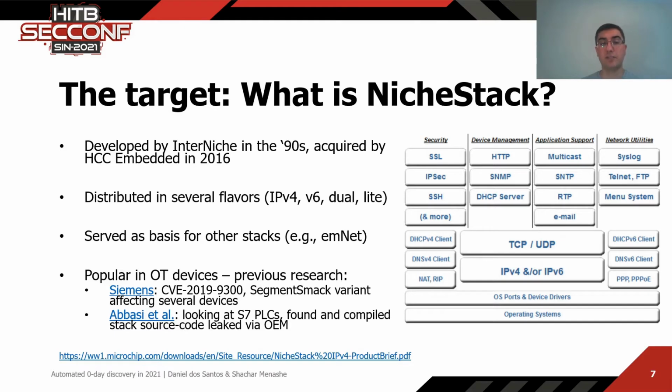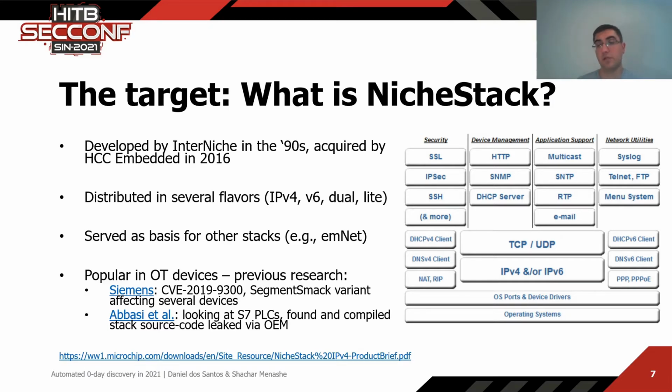And then there was some work by Ali Abbasi looking at the S7 PLCs and looking at the source code of InterNiche that was leaked online, and they were able to compile this source code and have a look at it, but they didn't find any specific vulnerabilities in that, but it was the start of this work, let's say.